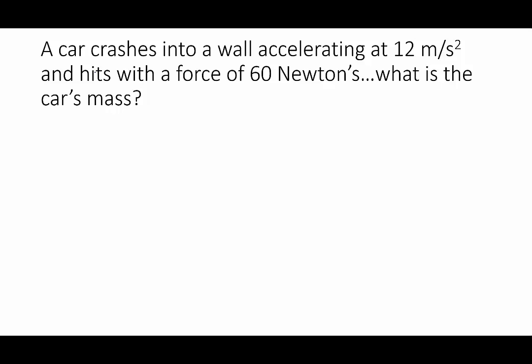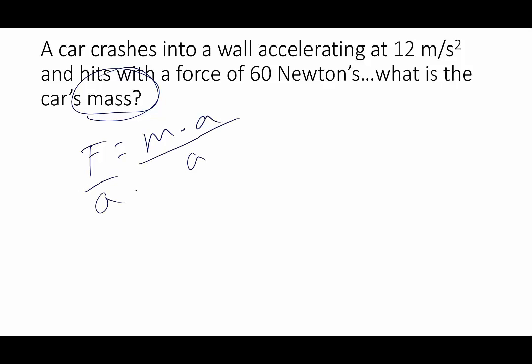The car crashes into a wall, accelerating at 12 meters per second squared, and hits with a force of 60 newtons. What's the car's mass? So force equals mass times acceleration. If you do the inverse property, you can rearrange this to get the equation that's going to just give us mass on one side. So we divide each side by acceleration.